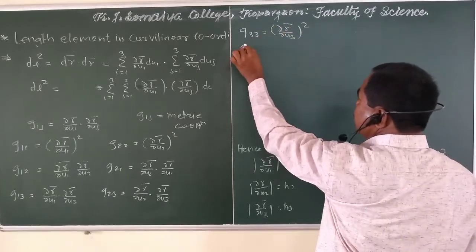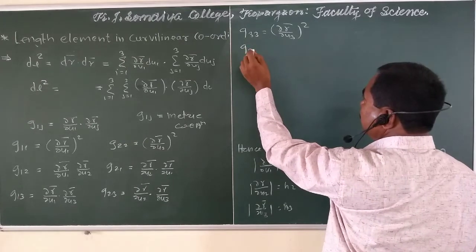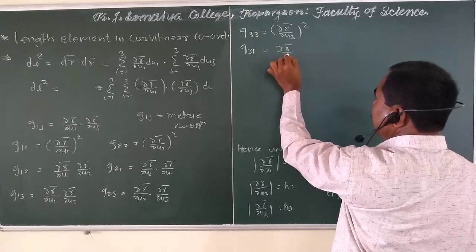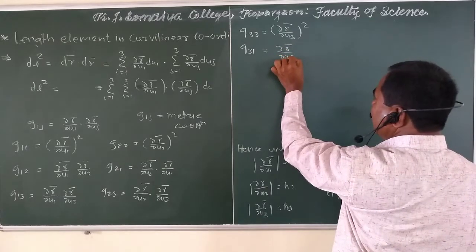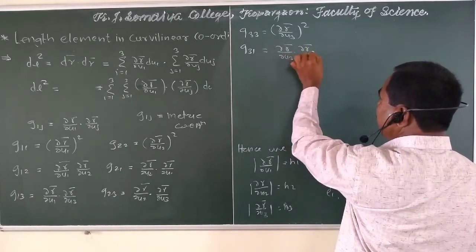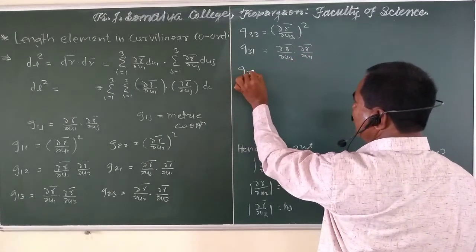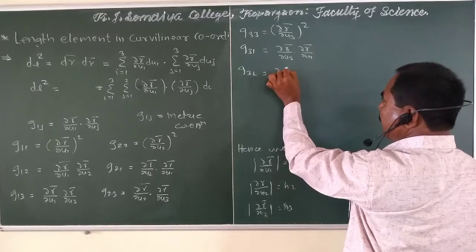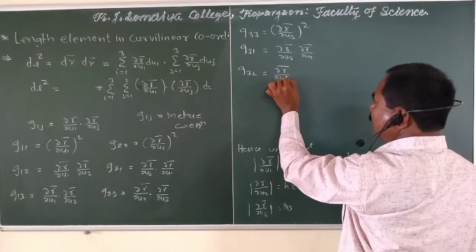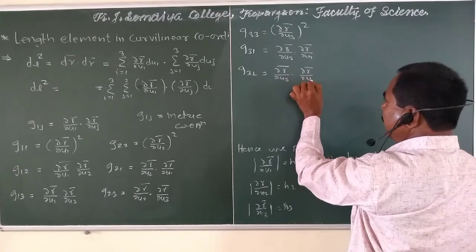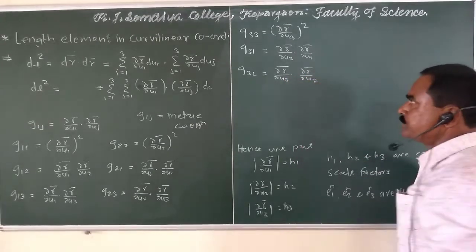Then g31 equal to ∂r/∂u3 · ∂r/∂u1, and g32 equal to ∂r/∂u3 · ∂r/∂u2.